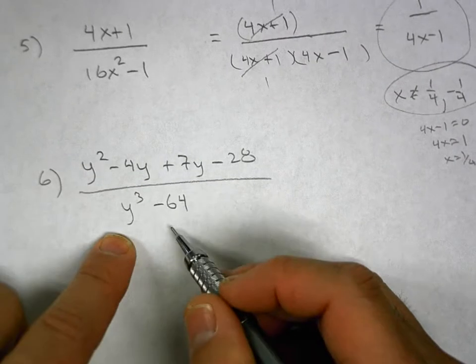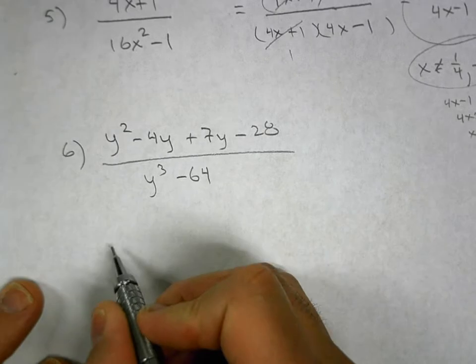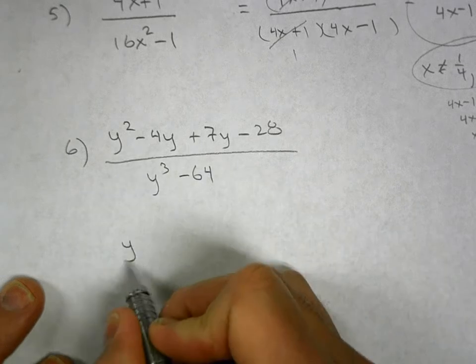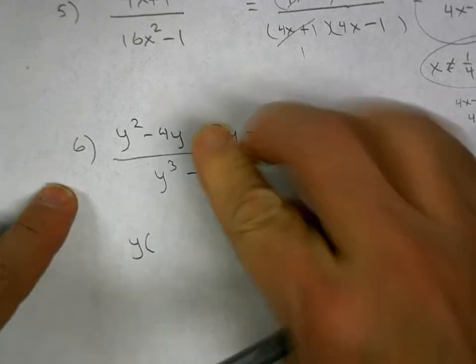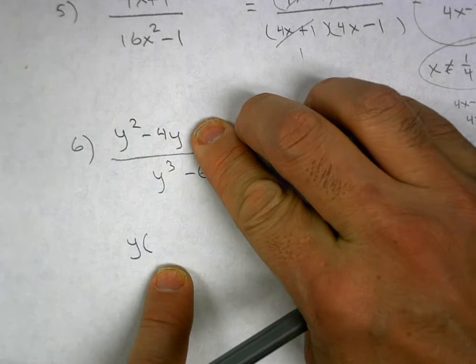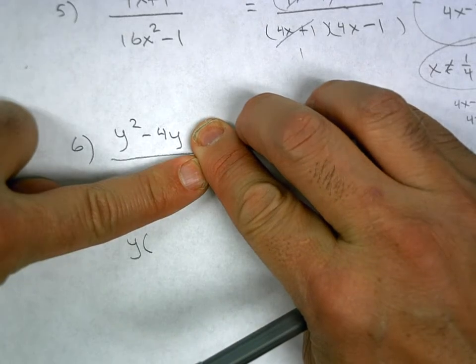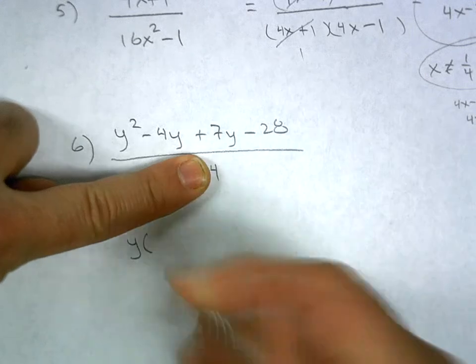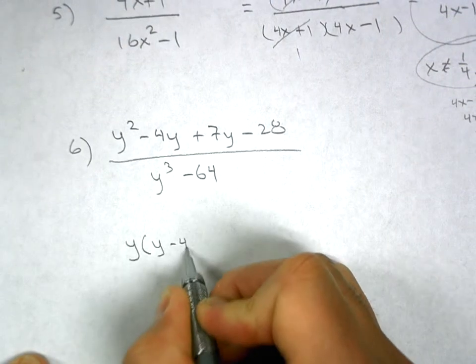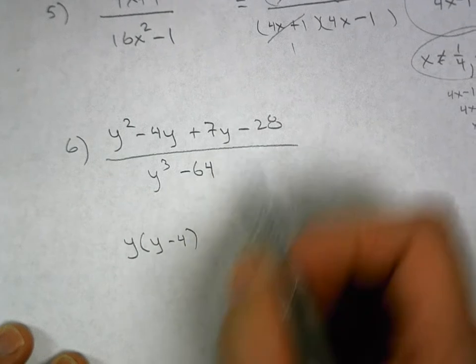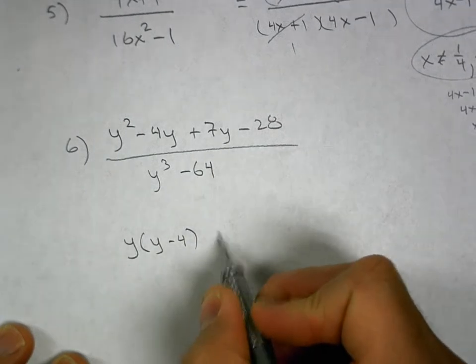All right, so let's do that. What can we take out of the first 2? A y. And that leaves us with y minus 4. So y times y minus 4. What can we take out of the second two? A 7. So do I just put 7 there? No. What do we put?